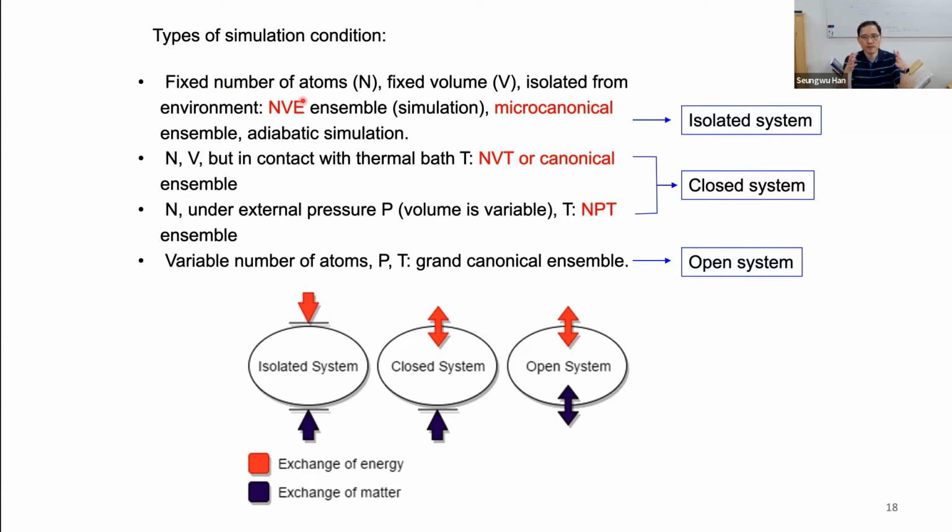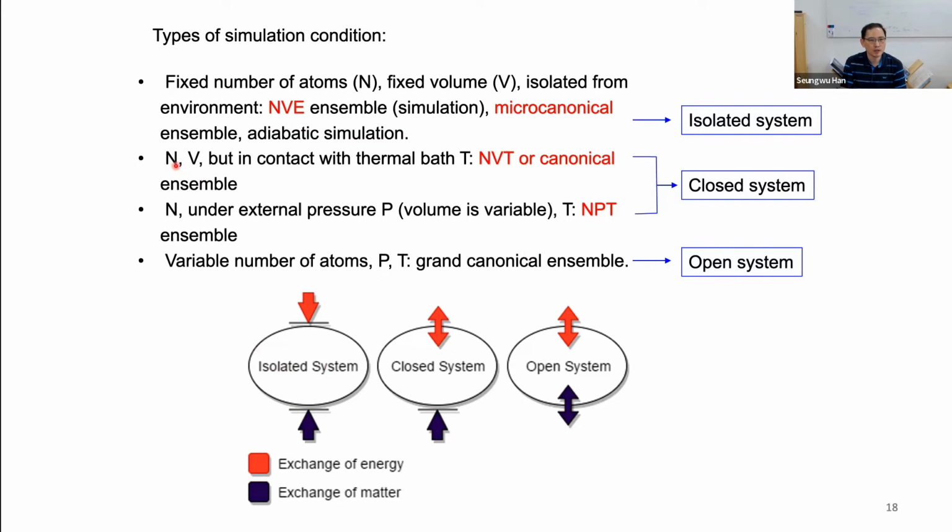If the number of atoms and the volume are fixed, and the system is isolated from the environment, with no exchange of matter or energy, then this is called the NVE ensemble, or microcanonical ensemble, or adiabatic simulation. So this is basically an isolated system. The system may be up in space.